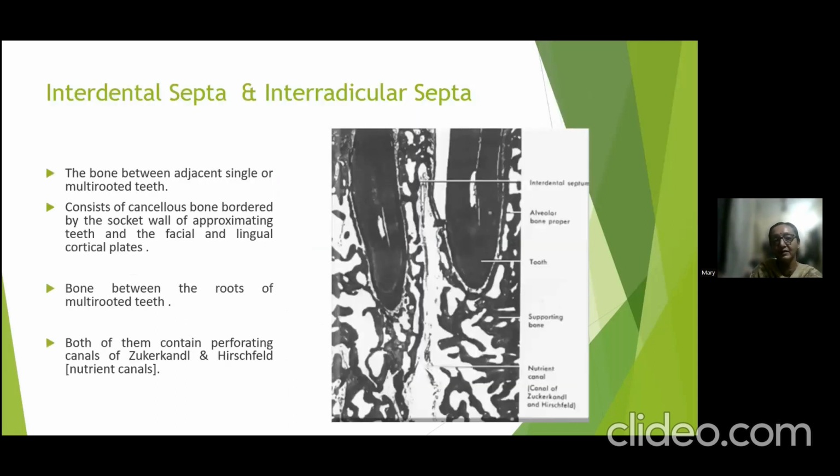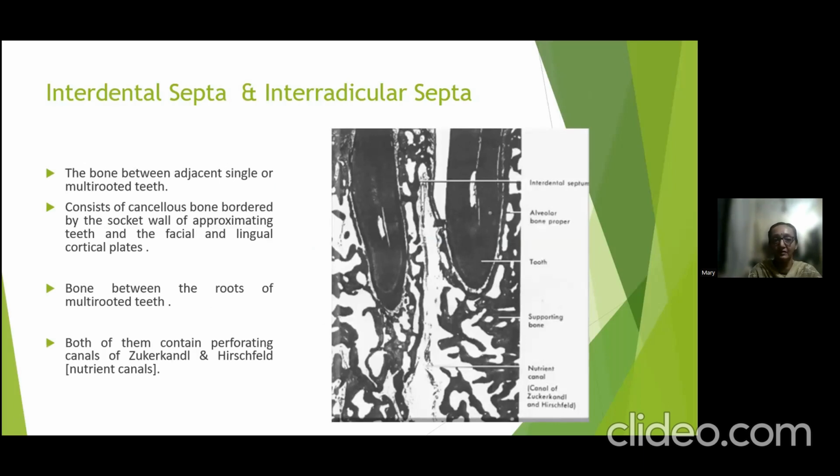Then the next portion is the interdental septa or interradicular septa. So we've gone through the cortical plates and the cancellous bone. Now let's look into the interdental septa or interradicular septa. The bone between adjacent single or multi-rooted teeth is known as the interdental septa, and mainly consists of cancellous bone, which is bordered by the socket wall of the approximating teeth and also the facial and lingual cortical plates.